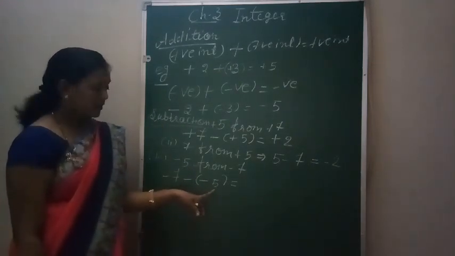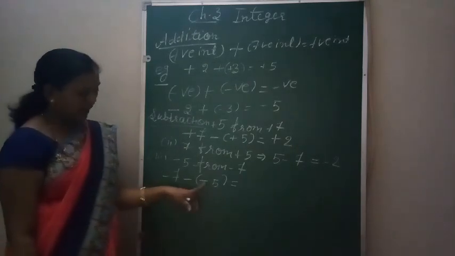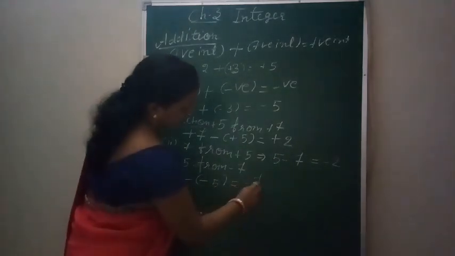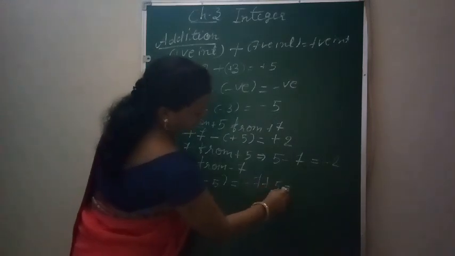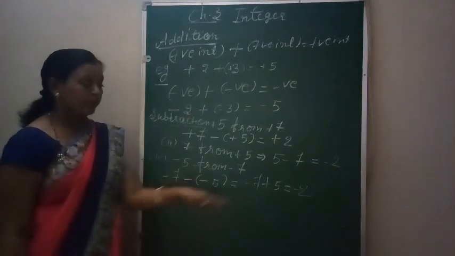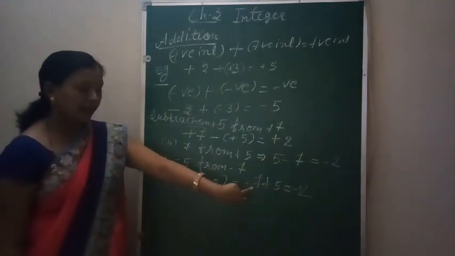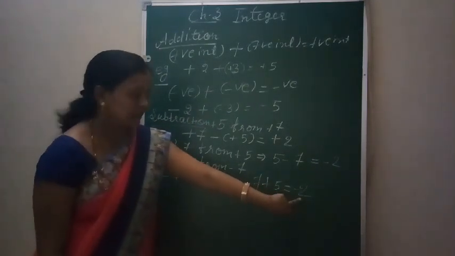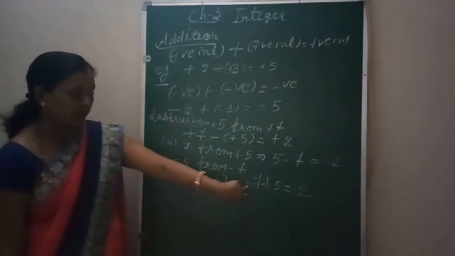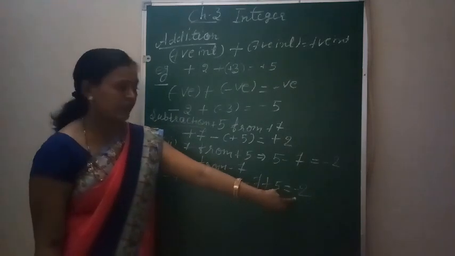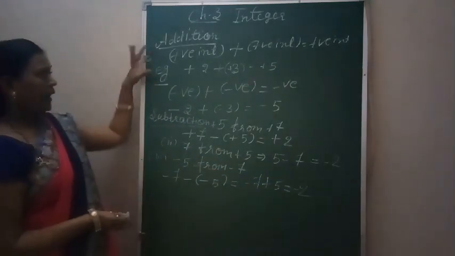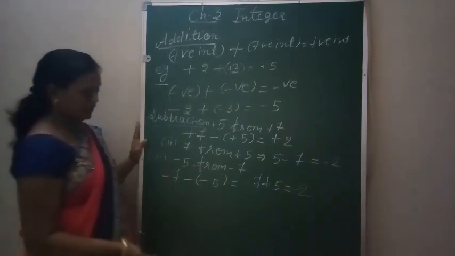So when we open the bracket, the sign will change. Minus and minus is plus 5. So minus 7 plus 5, your answer is minus 2. Why minus 2? When you write down the answer, you always take the sign of the bigger number. So 7 is negative, and your answer is minus 2. Addition and subtraction is over.